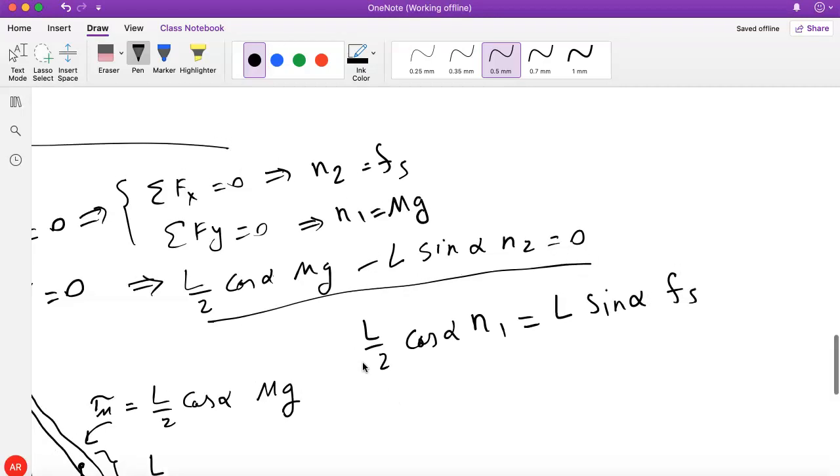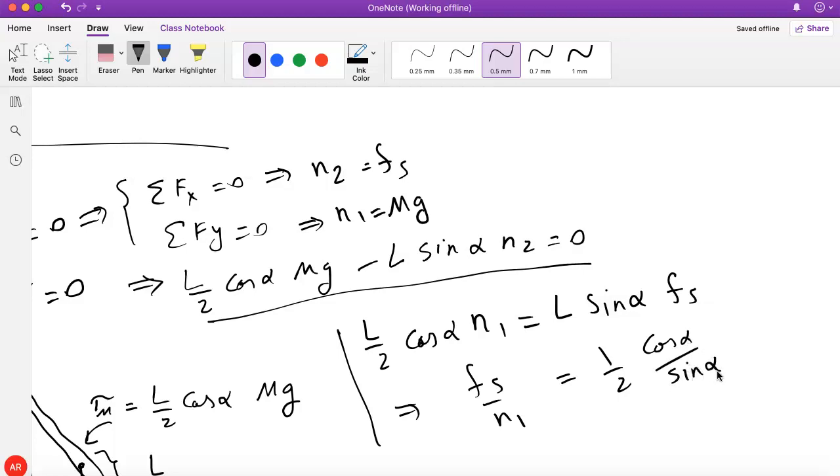So therefore, I find the ratio of Fs to N1, right? You divide both sides by N1 and then by L sine alpha. So on this side I get Fs over N1, on this side the L's go away, I get 1/2 cosine alpha over sine alpha.